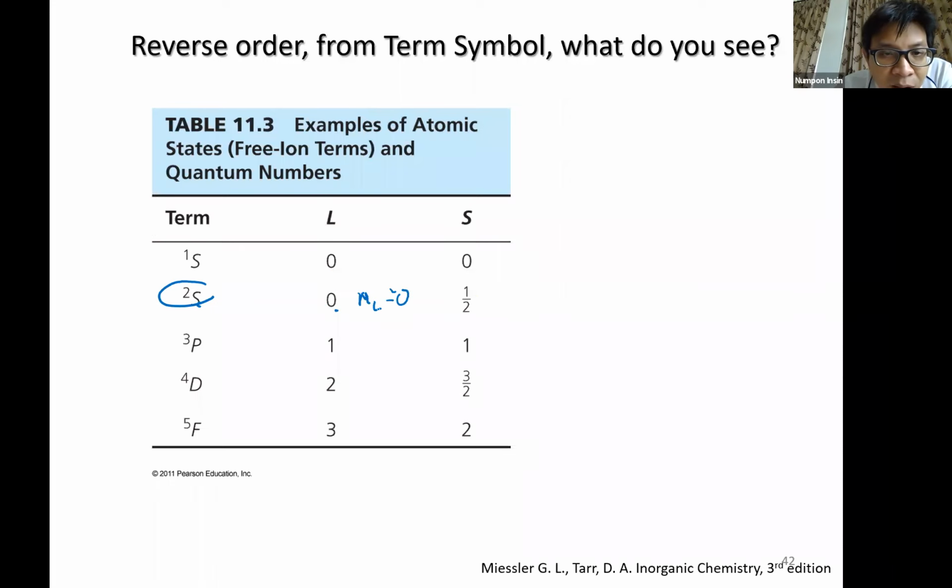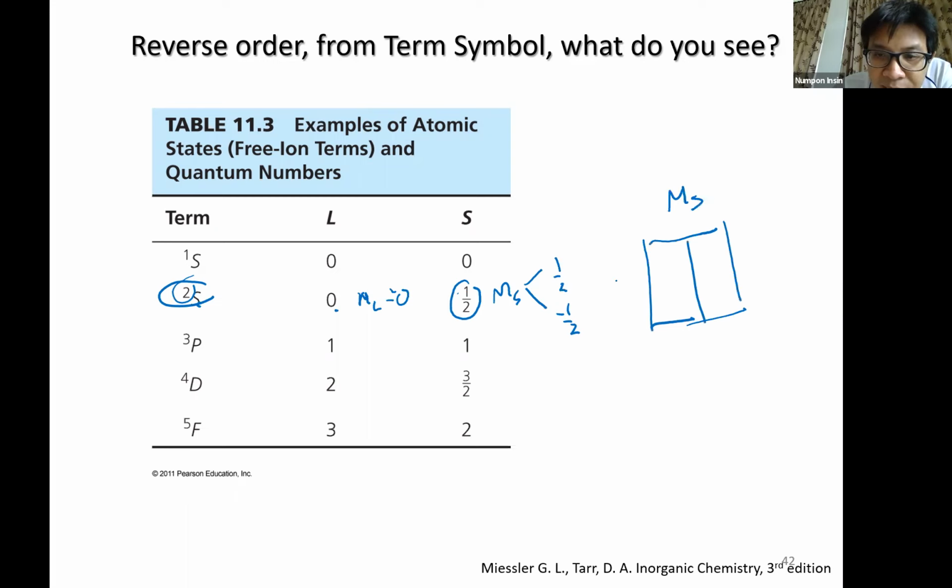And S with multiplicity of 2 means S equal to half. So half means that MS comes from +half and -half. So it means this one comes from a box that looks like this, right? MS and ML. So it means they represent 2 microstates.